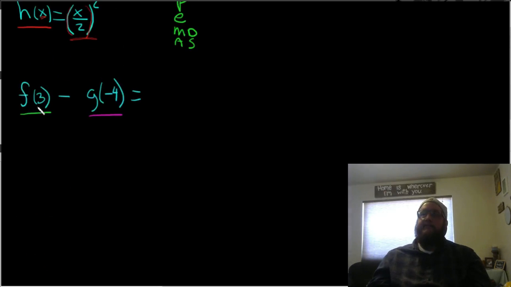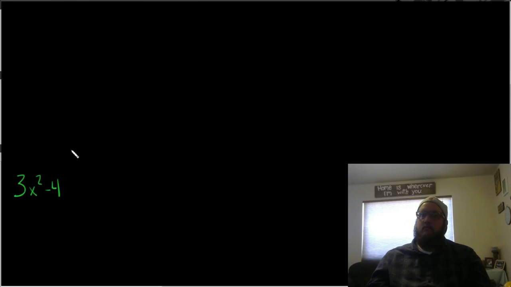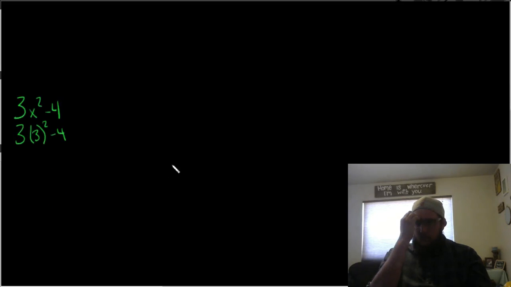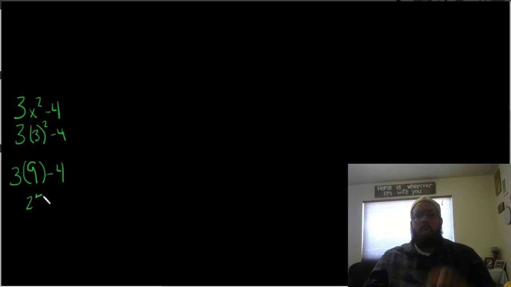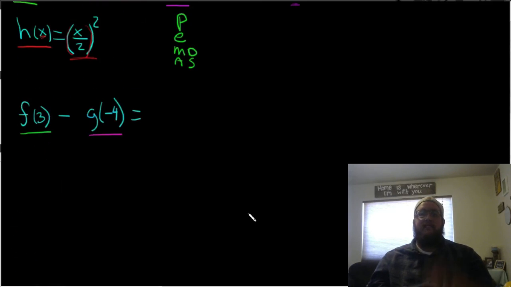But instead of x, we're evaluating it at 3. Three squared is 3 times 3, which is 9. 9 times 3 is 27. 27 minus 4 is 23. So we'll write that up here: f of 3 is equal to 23.